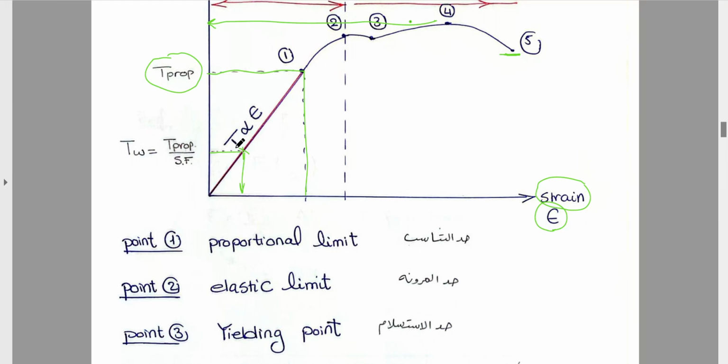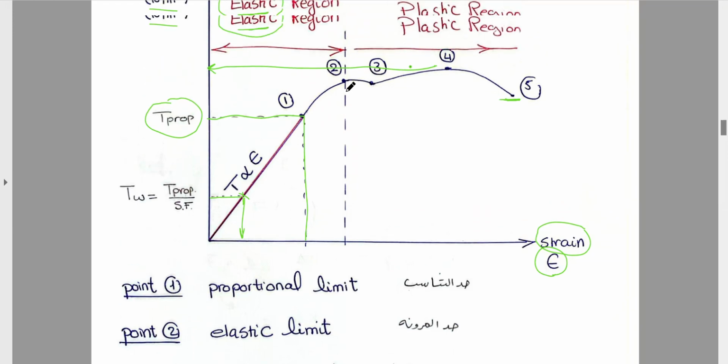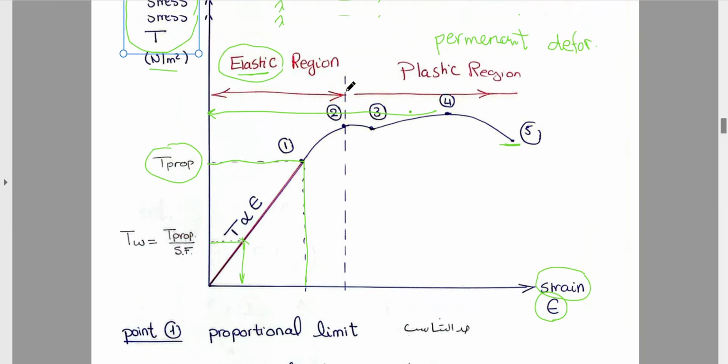This stress strain curve helps me to understand the nature of every material I'm using while designing a certain application. So we want to make all our working stresses in this part. And it's better to be less than the proportional limit by the safety factor according to the code used in every application.